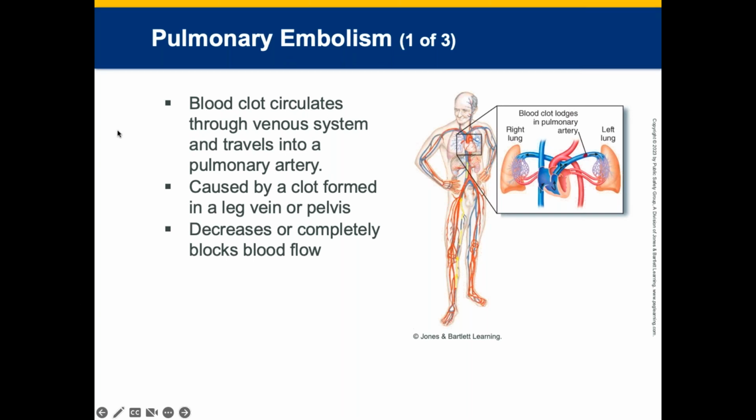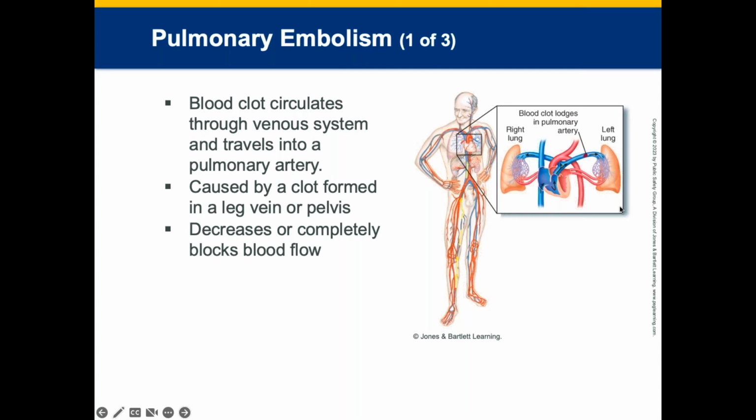All right. So a PE, something that you really should be picking up on in the field. And there's a lot of different signs and symptoms that can indicate this as well. We'll go over those here in a second. So pulmonary embolus or embolism is a blood clot or a thrombus within the pulmonary circulation, usually formed in a vein in the leg, a deep vein thrombosis or DVT, or the pelvis.